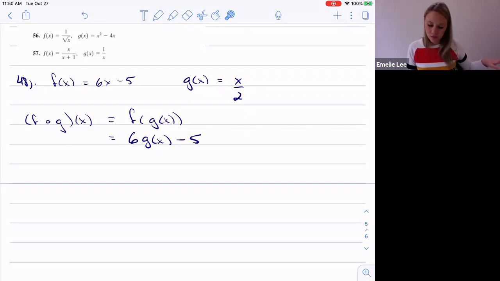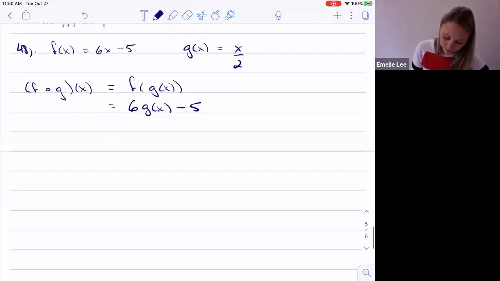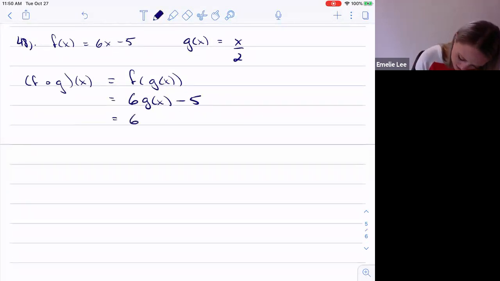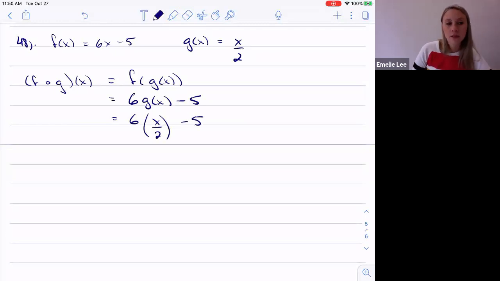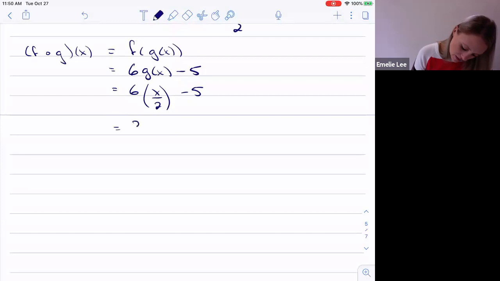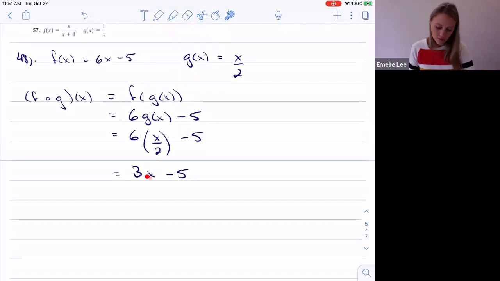Then my next step is I'm going to replace all my g of x's with x over 2. So I get 6 times x over 2 and then minus 5. Luckily this cancels, right? 6 divided by 2 is 3, so I don't have to find a common denominator to combine these. I just get 3x minus 5. And that's my new function, f of g of x. F composed with g of x, right?